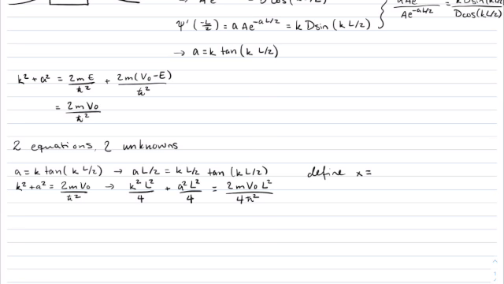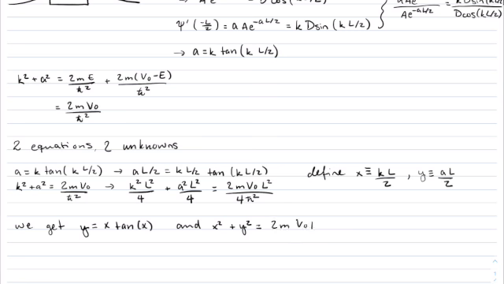So x is going to be defined as kL over 2, y will be defined as aL over 2, and then we'll be able to rewrite these equations into something that we will then be able to solve graphically incredibly easily. And I'll end up using Desmos for that. It's going to be straightforward enough for that.